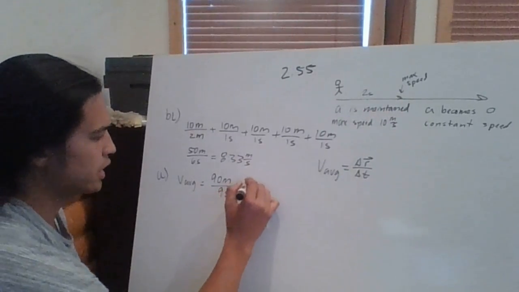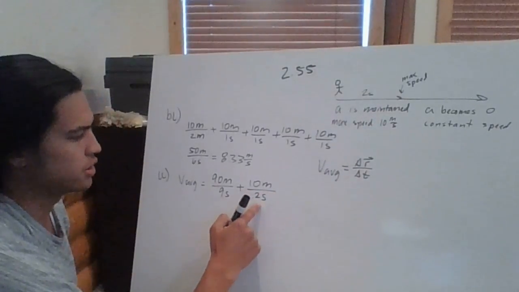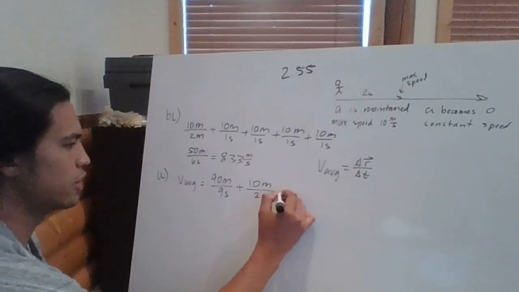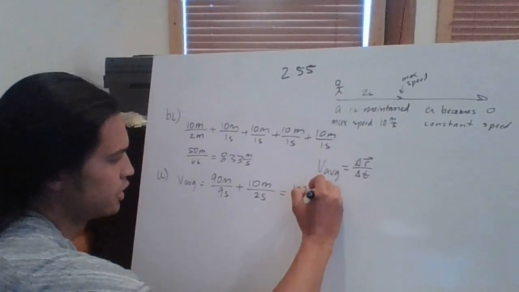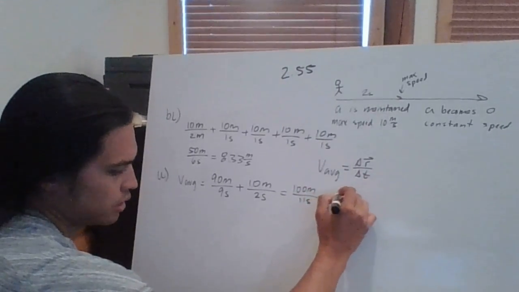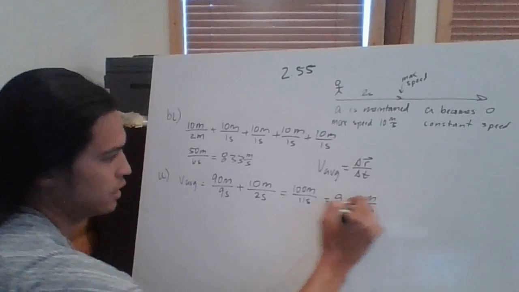So you can add on the 10 meters in 2 seconds because that's the first 2 seconds, and your total distance with these added together is the 100 meters. So that will be 100 meters in 11 seconds, which will equal 9.09 meters per second.